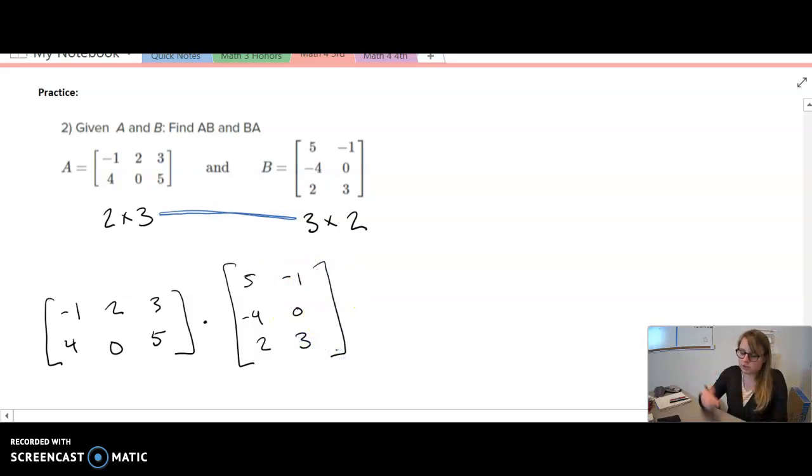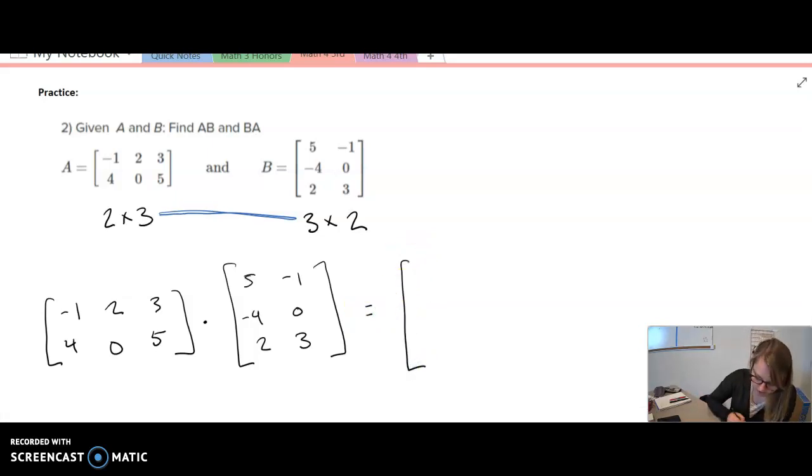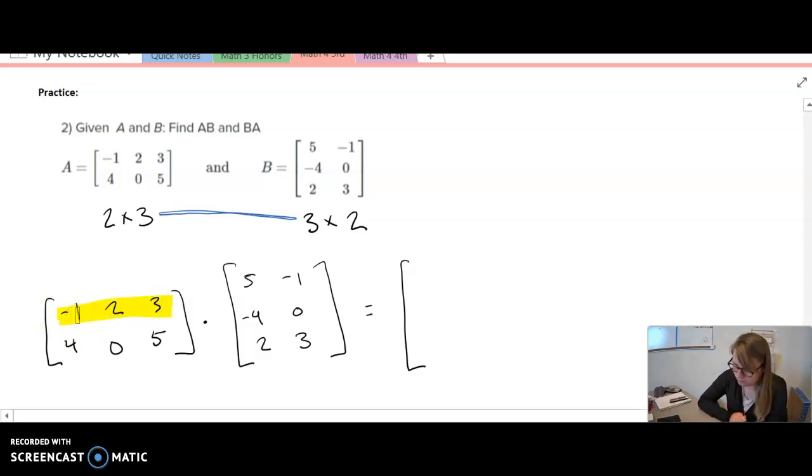So we're going to do like we did before. We kind of have to rewrite this a little bit. So we're going to have our row multiplying by each column.